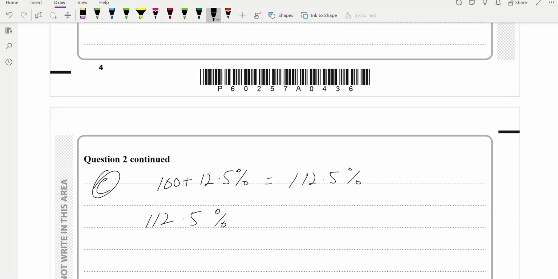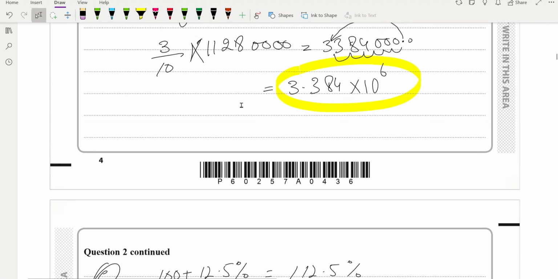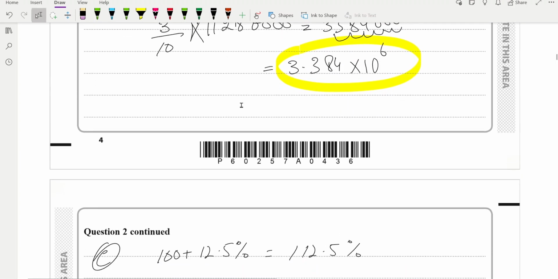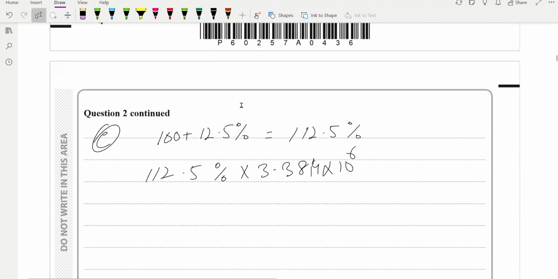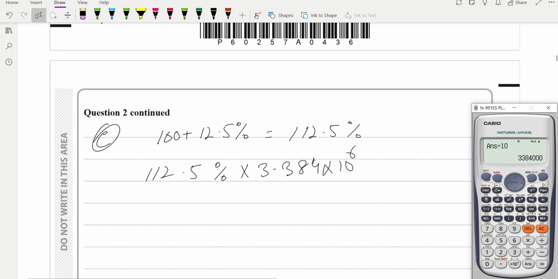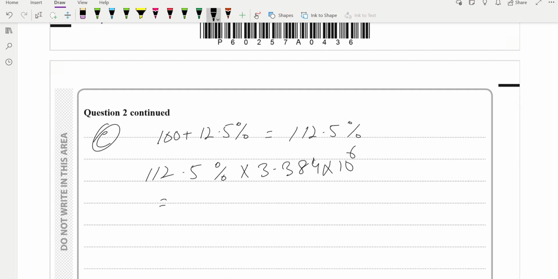We will be calculating 112.5% of the number which we have calculated over here. So I will write here 3.384 into 10 raised to the power 6, and we have to multiply this number by 112.5 percent, and this will be equal to 3807000.